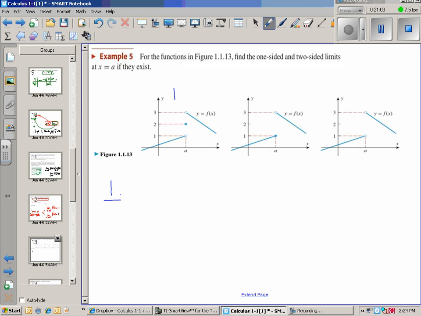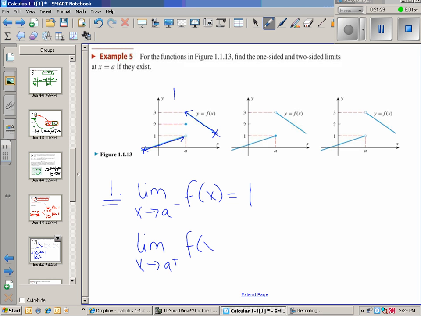So figure 1, the limit as x approaches a from the left, that's starting here and approaching from the left side of some function, and I got 1. Now I'm going to take a look at the limit as x approaches a from the right. This is to the right, and on the graph I'm tracing, and I'm going to end up pointing to the y value of 3.